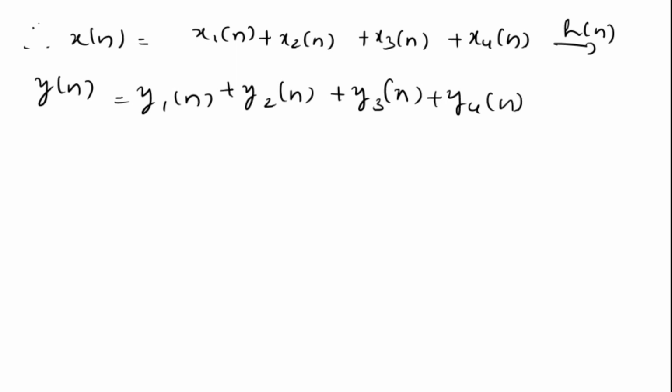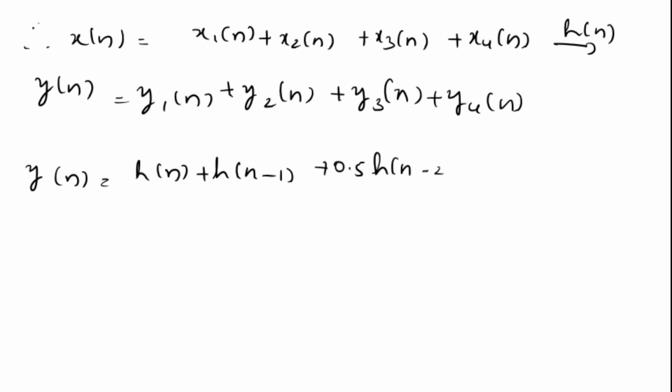So combining all the signals, we will get y of n is equal to h of n plus h of n minus 1 plus 0.5 into h of n minus 2 plus 0.25 into h of n minus 3.